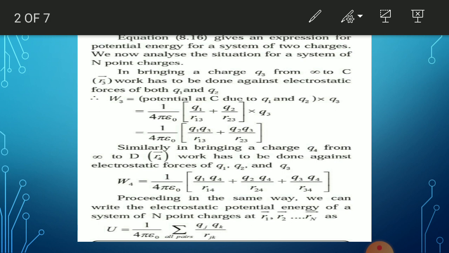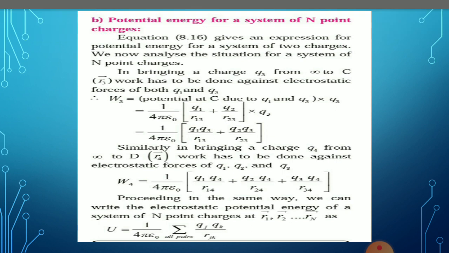Therefore, simplifying this equation, we can write W3 equal to 1 upon 4 pi epsilon 0 into bracket Q1 into Q3 upon R13 plus Q2 into Q3 upon R23.